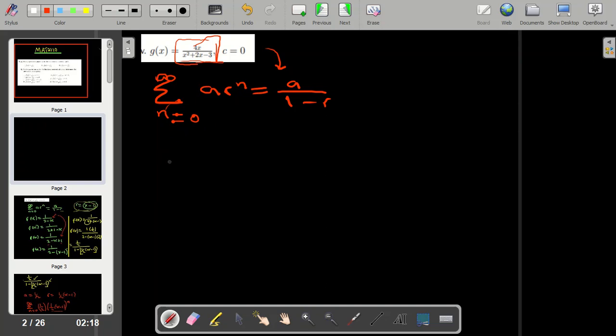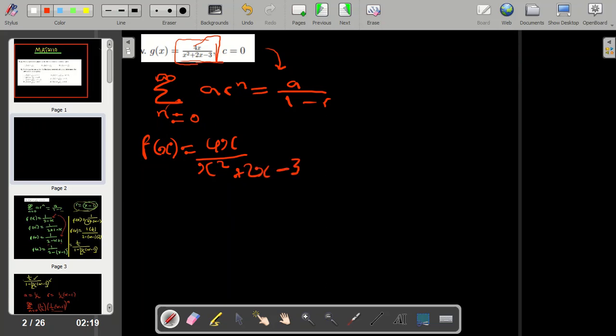Okay, so we have this function f of x is equal to 4x over x squared plus 2x minus 3.